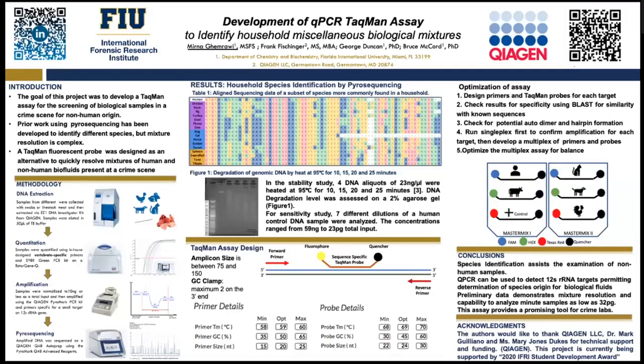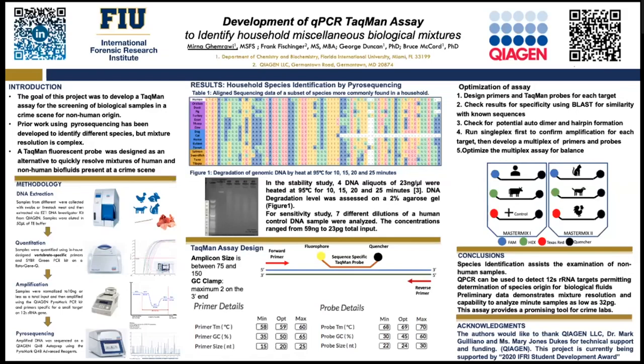When it's non-human, what they've done so far in casework is run presumptive tests to tell you whether, for example, this blood is human or non-human, but this test would not tell you what kind of species this non-human biofluid is. Other techniques started to be applied in forensic casework, but they're more labor intensive, expensive, or take time.